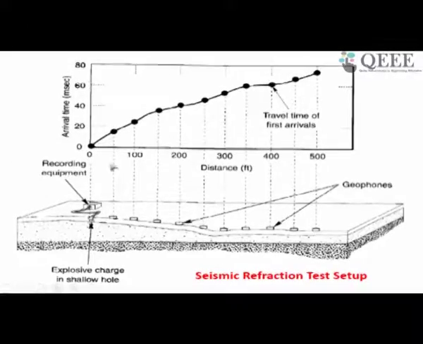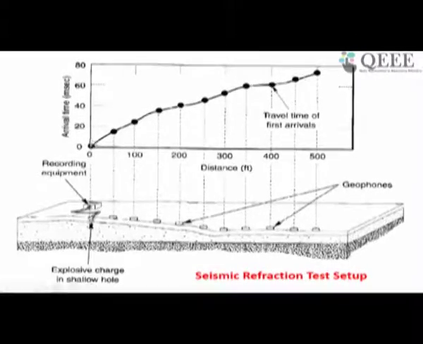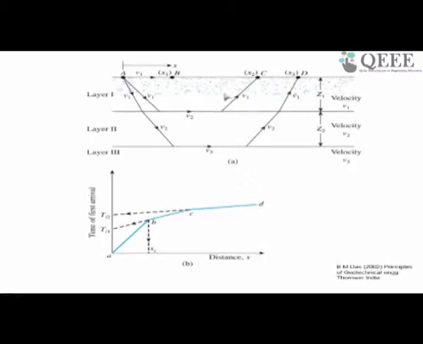Now if you see this travel time versus distance for different geophones, it reaches at a different time for different distances. So that curve is actually useful for the characterization. Ultimately, what we need to do in the seismic refraction test is characterize the ground. That means we have to characterize the different layers of soil or rock.